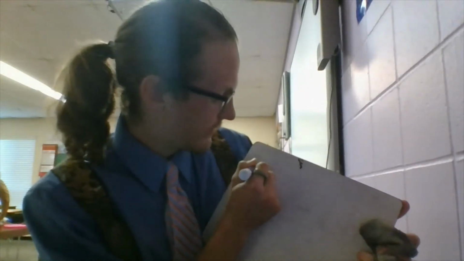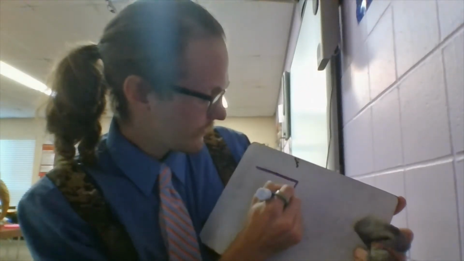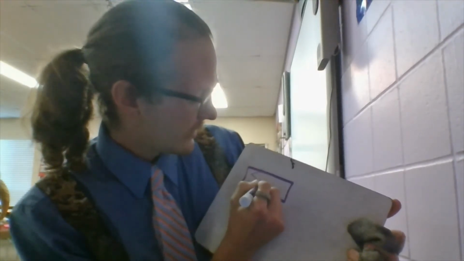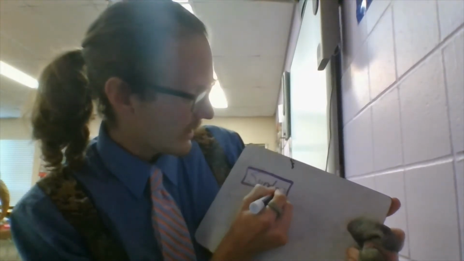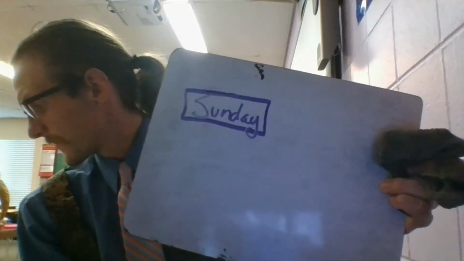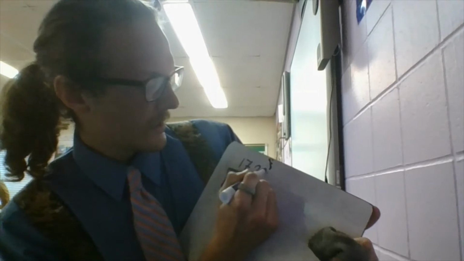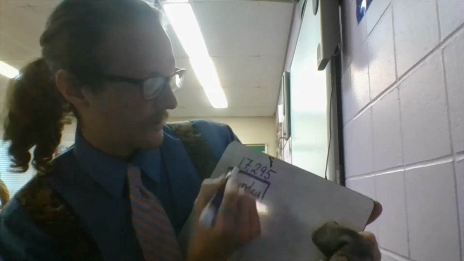So we better draw our tape diagram. This is going to be Sunday. On Sunday, 17,295 tickets were sold.